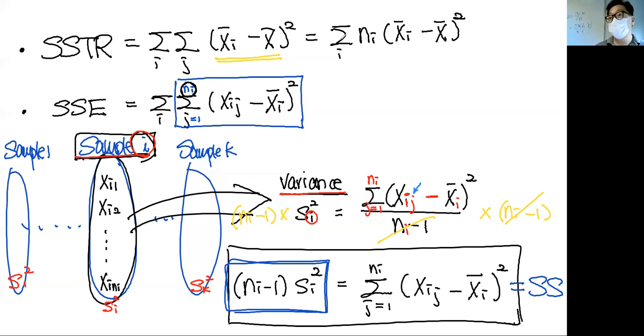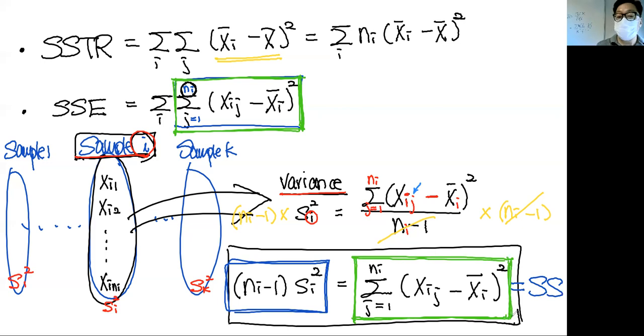And now, please compare the summation inside the SSE and this one. It's a single summation for j, 1 to ni, 1 to ni, exactly the same. So now I can replace it with the left-hand side.